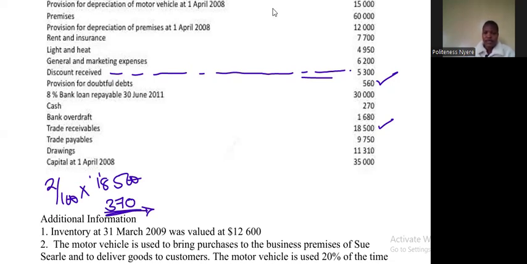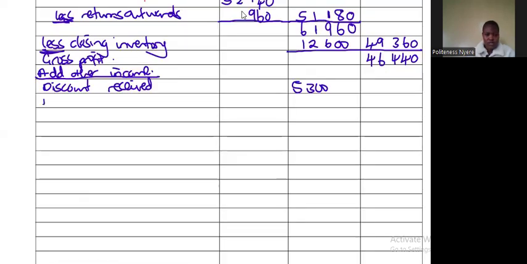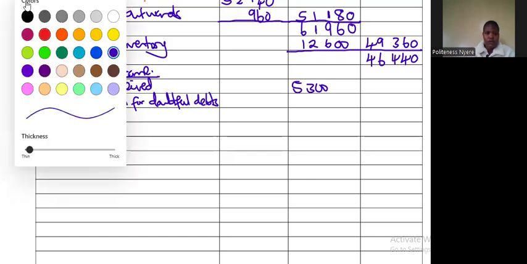Let's say decrease in provision for doubtful debts. I'll put it in brackets here.